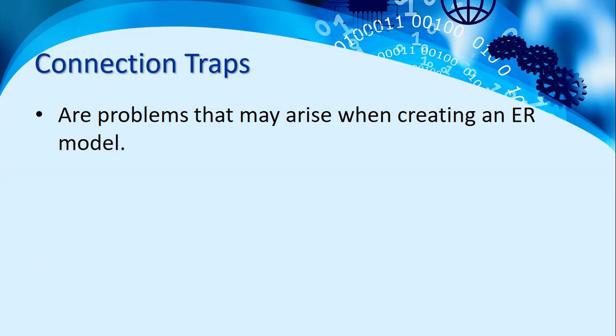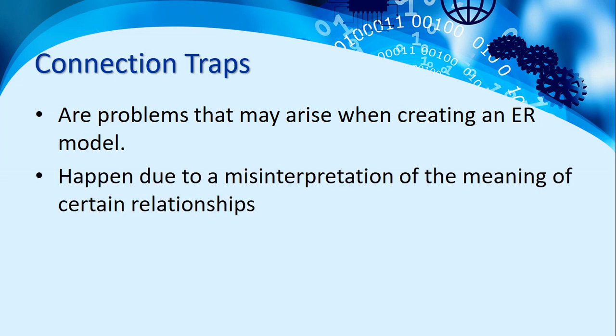So we have here what are called connection traps. Okay? Connection traps are the problems that may arise when creating an ER model. And it happens because of misinterpretation of the meaning of certain relationships.